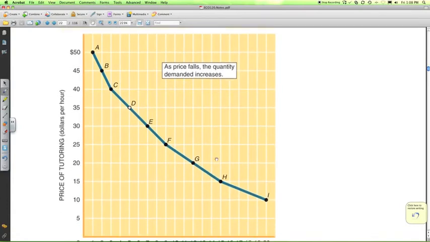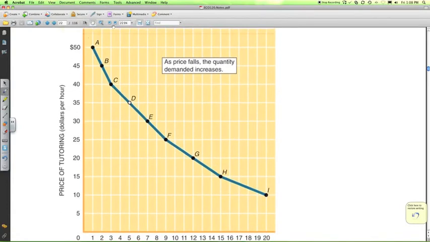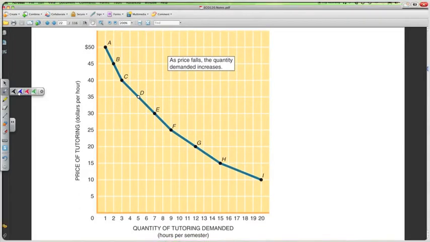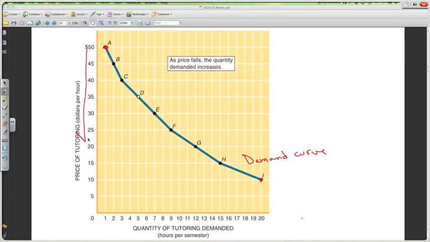So to see this in a graph, it's going to show us this downward sloping line. This line here is our demand curve. Now, notice when we go from point A to point I, our price drops. Up here on the top left corner, we have price.